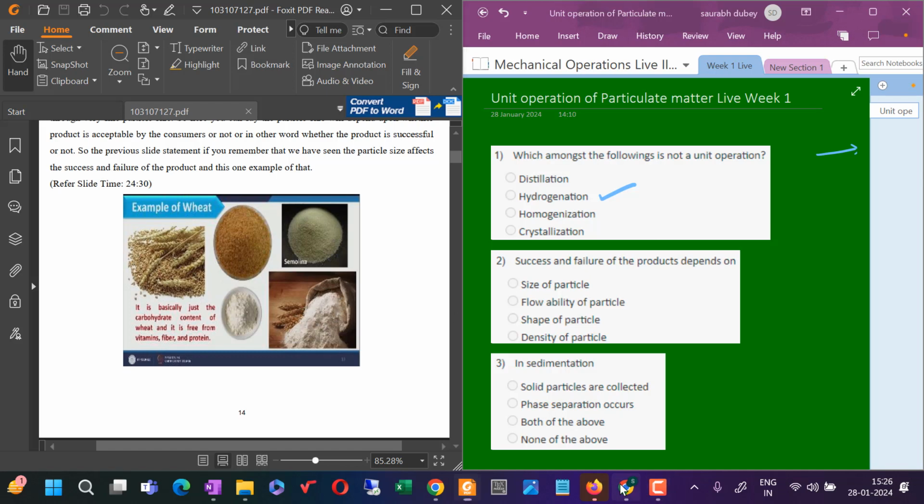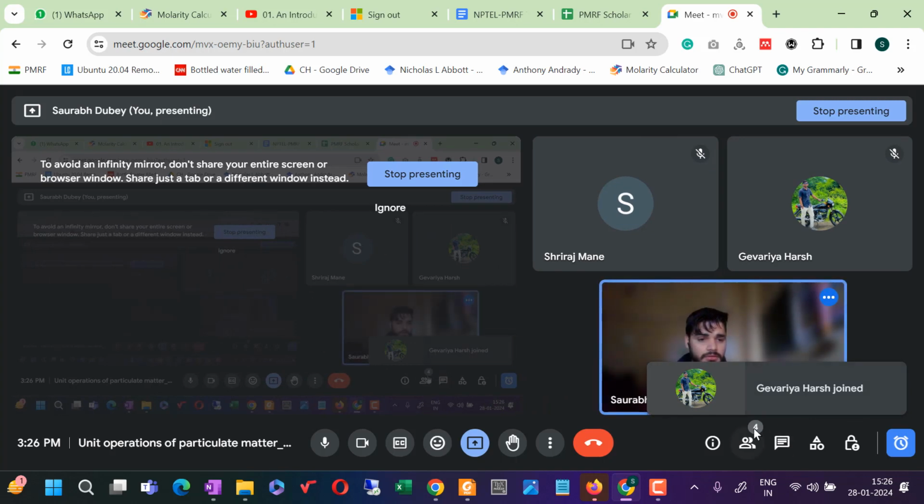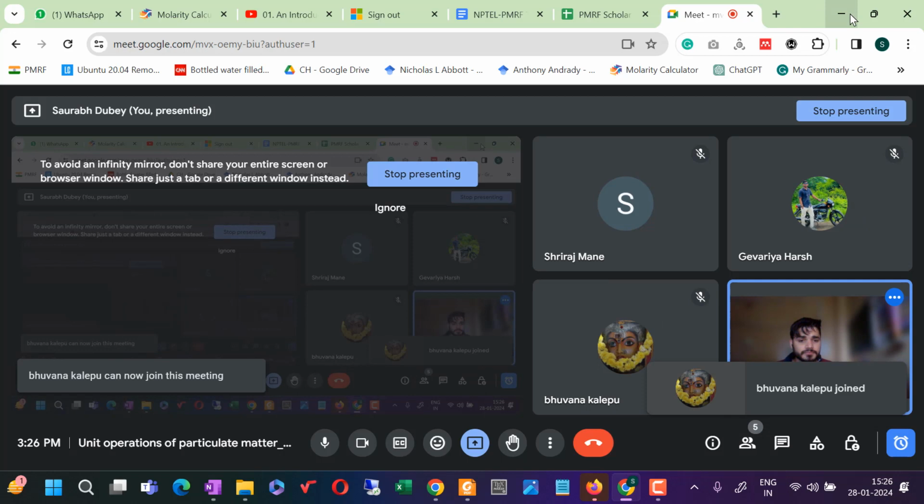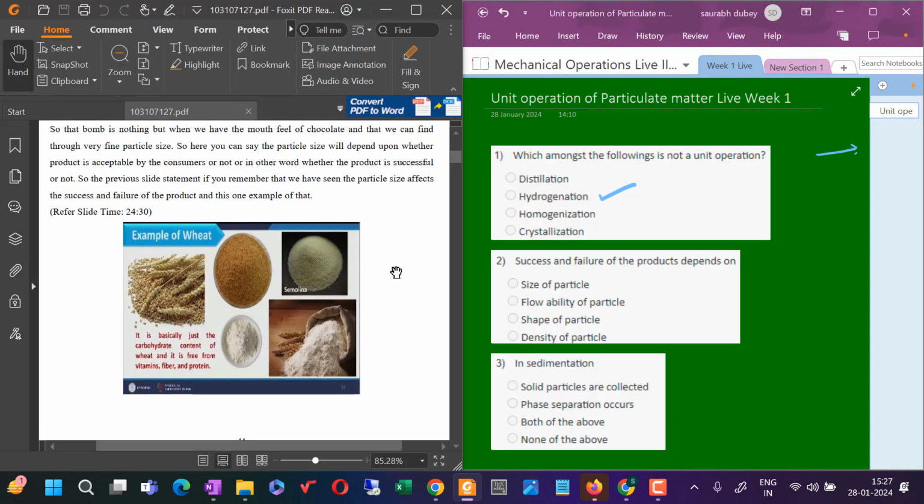So this size is a very important factor, and it controls the overall property and the success and the failure of a product. For the second question, one can claim that the flowability of the particle, shape of the particle, or the density of the particle could be the answer.